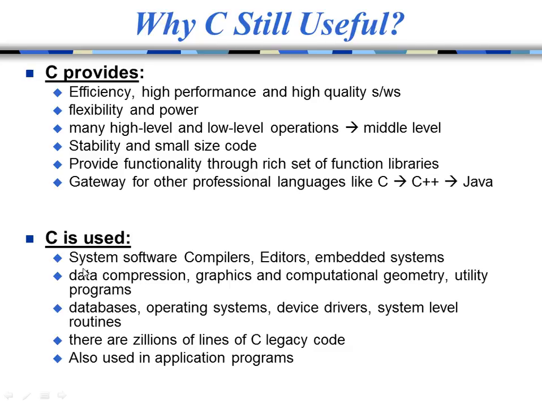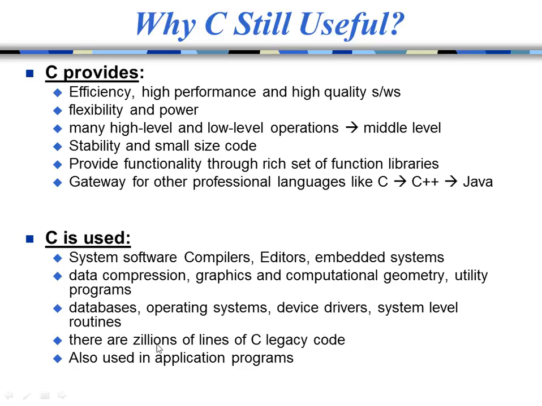C is used for system software and compilers. C was used to develop different compilers, editors, embedded systems, data compression, graphics and computational geometry, utility programs, databases, operating systems, device drivers, and system level routines.